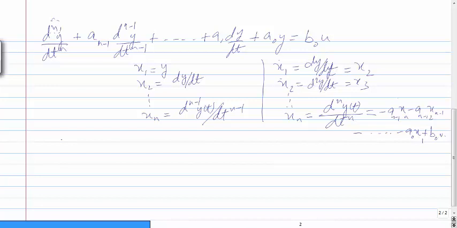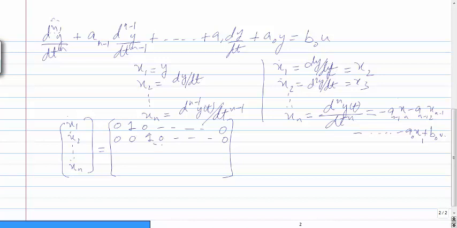So this is our state space form, that is x1 dot, x2 dot up to xn dot. This is equal to the dynamics matrix: 0 1 0 and so on up to 0, again 0 0 1 0, so on up to 0, so 1 comes here and 0 here.